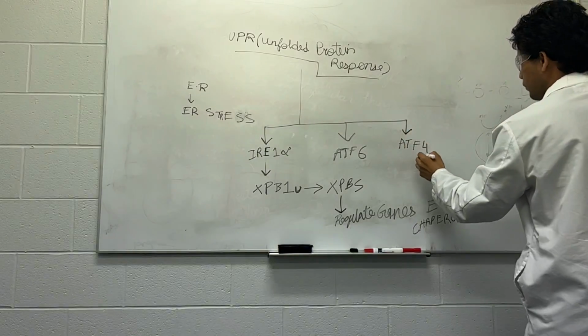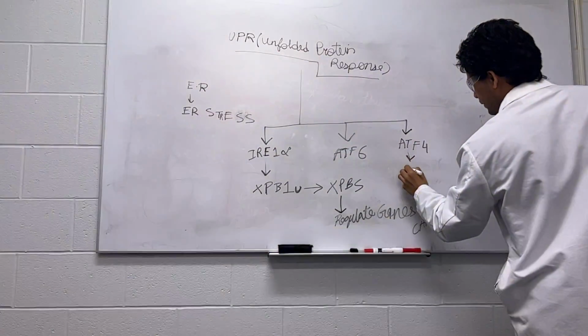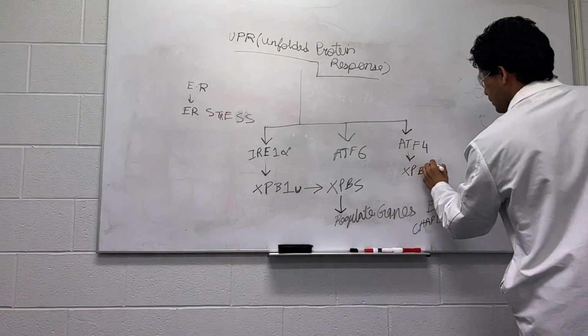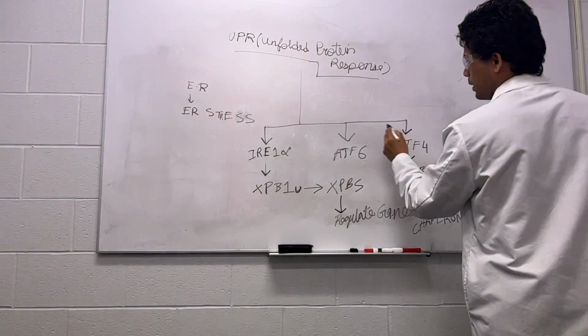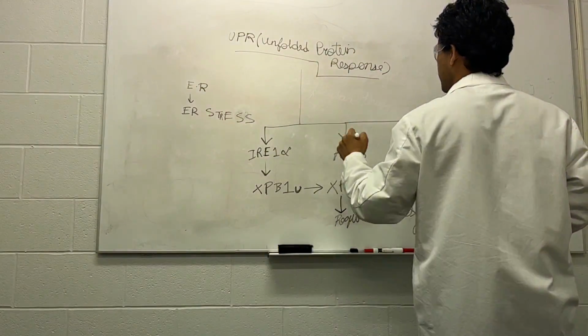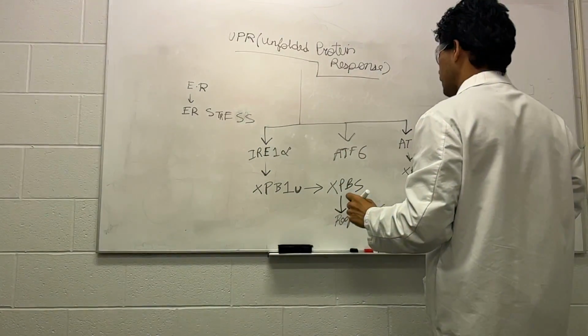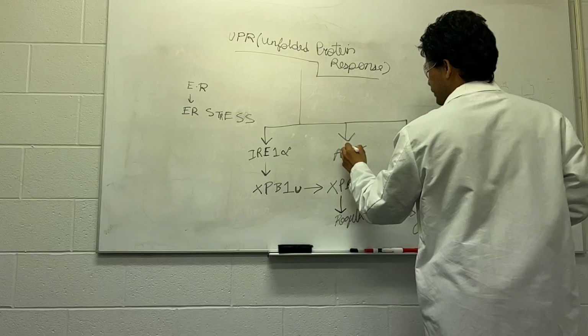And what does ATF4 do? ATF4 regulates the XBP1 upregulation. Once this is upregulated, its function will be taken care of by IRE1 alpha. And what does ATF6 do?